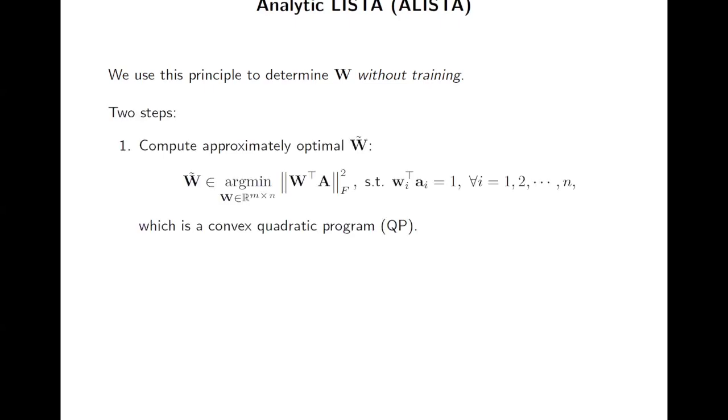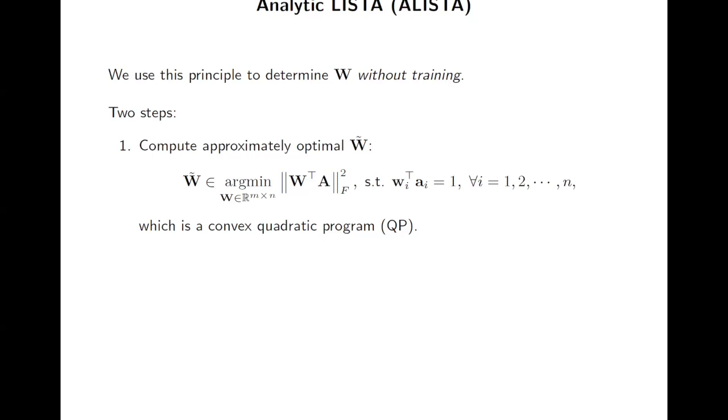Since W can be explained, we seem to have a very clear understanding now. So we propose that we can calculate W directly instead of training, because we know what W is here. How do we calculate it? We use an approximation of the previous formulation.